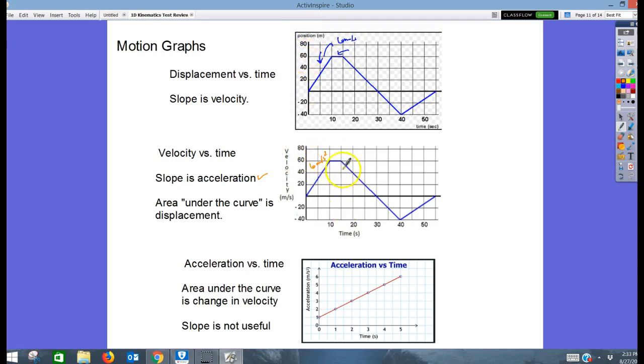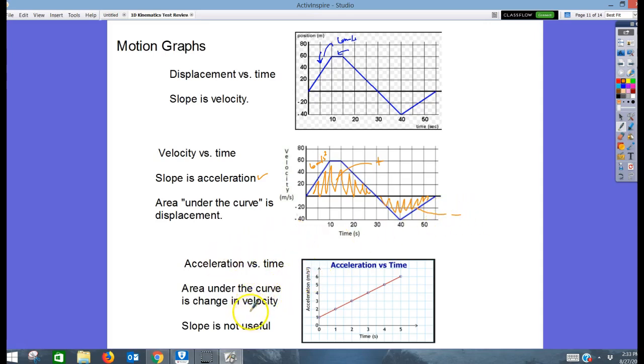So it's meters per second divided by seconds to get that slope. The area between the curve and the axis for a velocity time graph is displacement. This would be a positive displacement, and this would be a negative displacement.